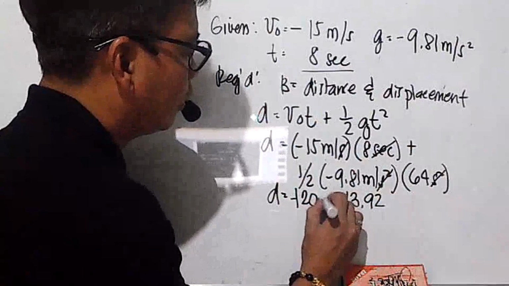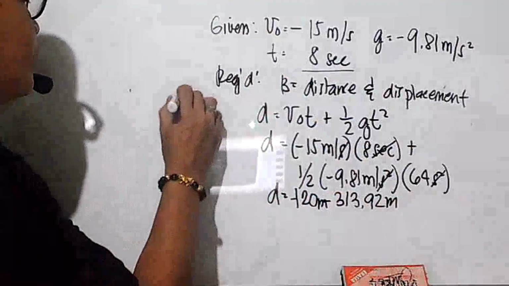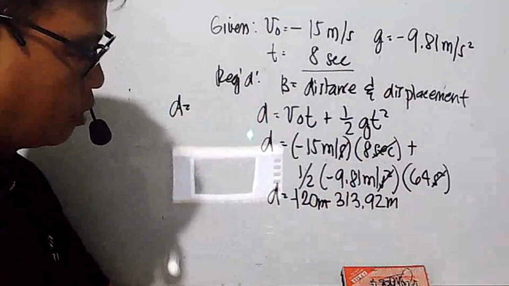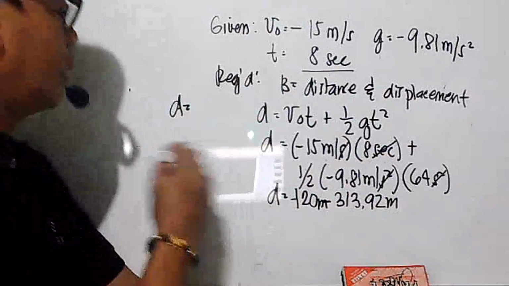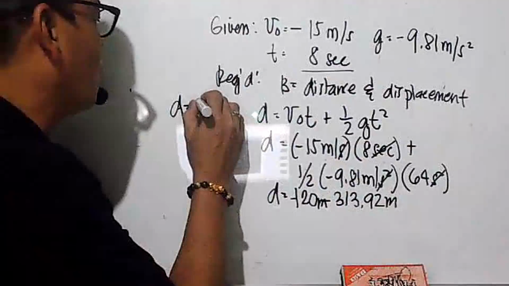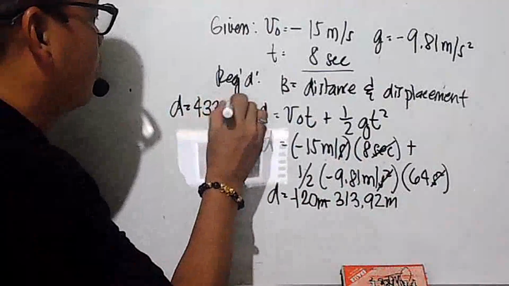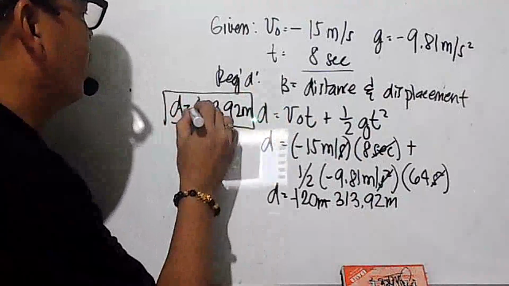The unit is meters. Therefore your D is equal to negative 433.92 meters.